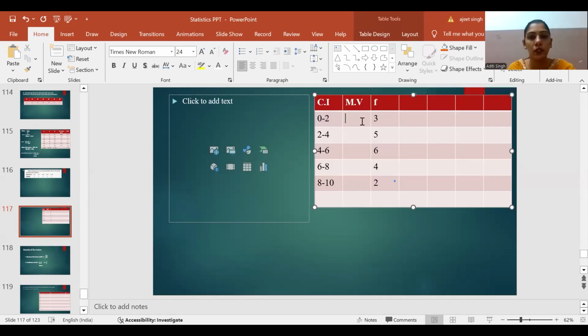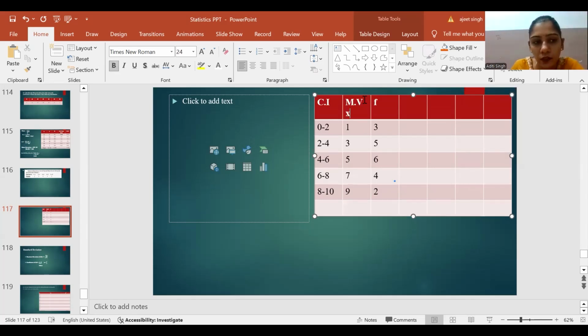So 0 plus 2 divided by 2 is 1. 2 plus 4 is 6, divided by 2 is 3. 4 plus 6 is 10, divided by 2 is 5. 6 plus 8 is 14, divided by 2 is 7. And 8 plus 10 is 18, divided by 2 is 9. So this is the mid value. You can also say this is the value of x.